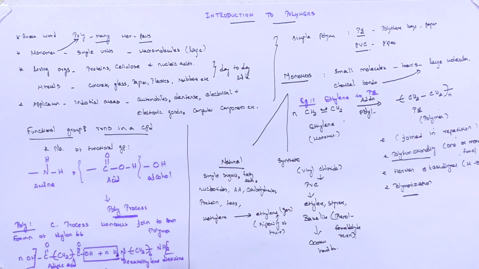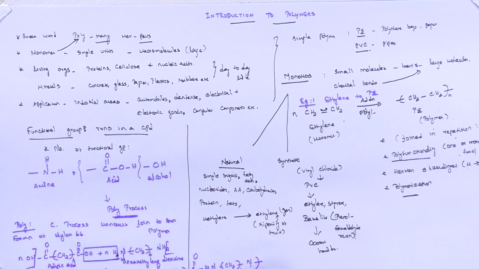So the product nylon will be C double bond O, and you can write the rest of the product like this, CH2 4 times C double bond O. You can see that N molecules of water are removed here, plus H, N, CH2 6 times, NH, N times. So this is nylon 6,6.